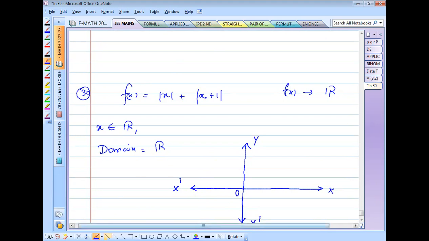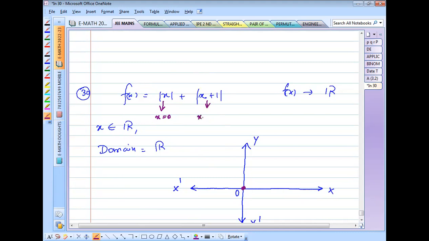Now tell me what are the roots for this one? For getting roots, you should equate the inner part of the modulus function to 0. So what will happen here? x should be 0. That means 0 is one of the roots. And now here also do the same.